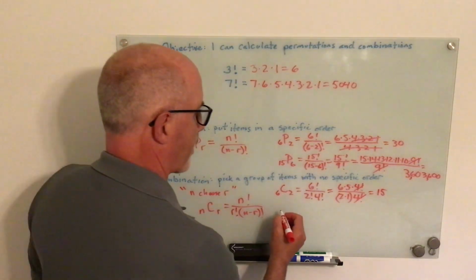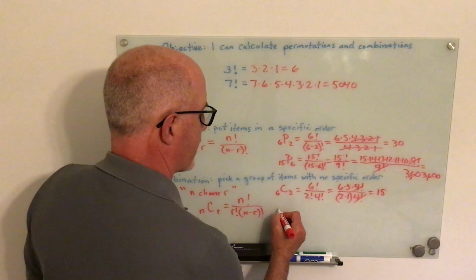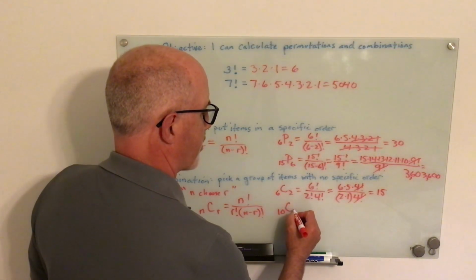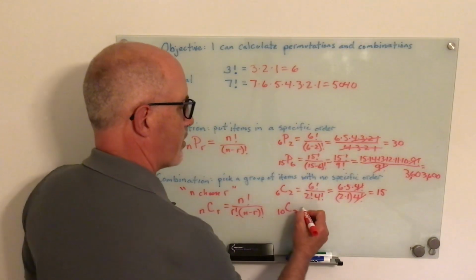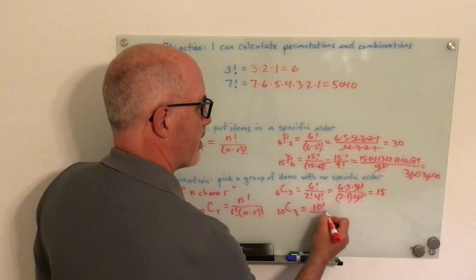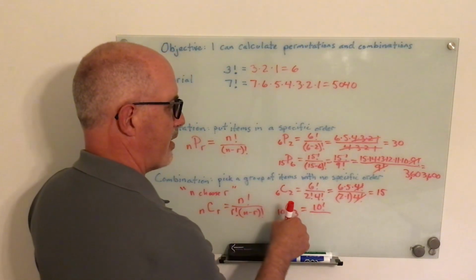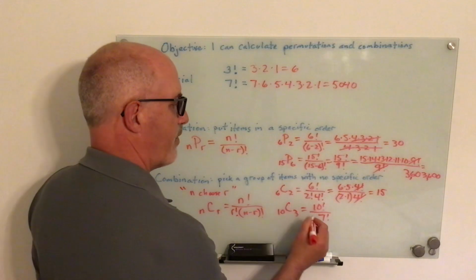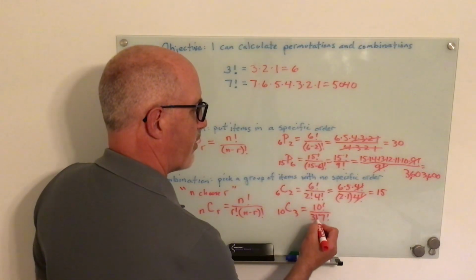Now let's just do a bigger one. Let's go ahead and do, for instance, 10, and let's choose out of that 3. Okay, so 10 choose 3, you do a 10 factorial on top. On the bottom, you're going to do 10 minus 3, which is a 7 factorial, and then just the 3 factorial by itself.